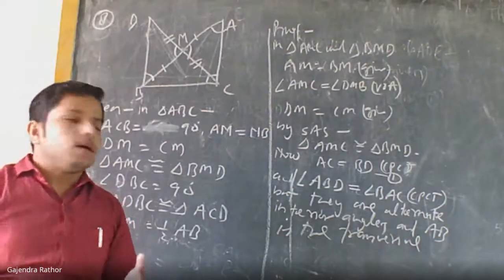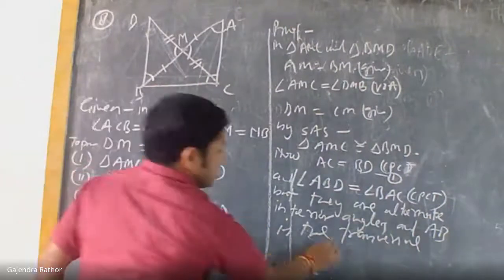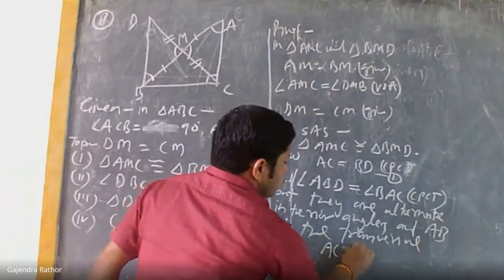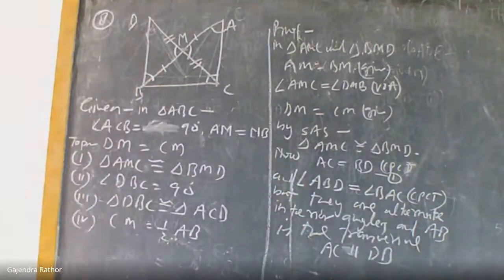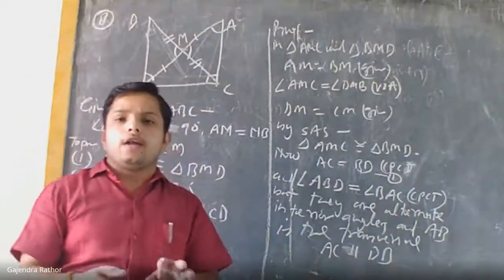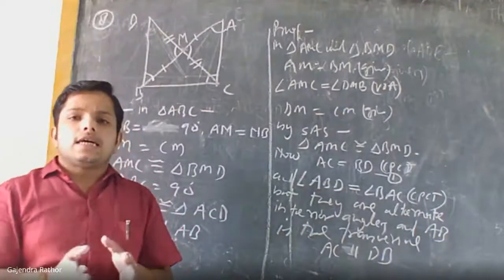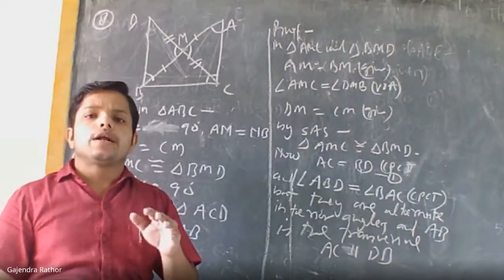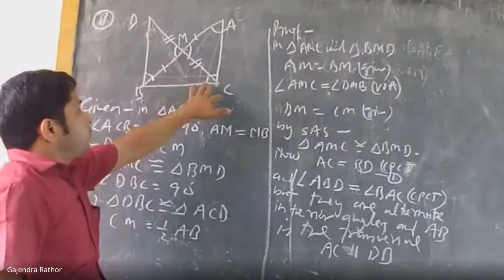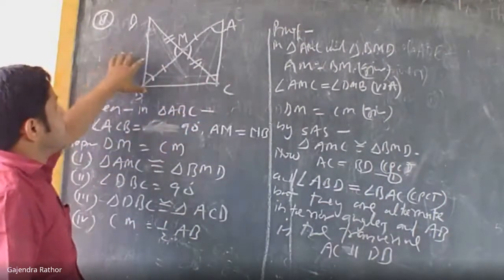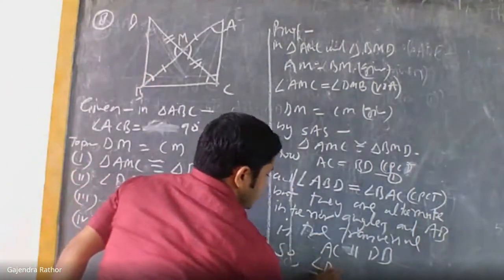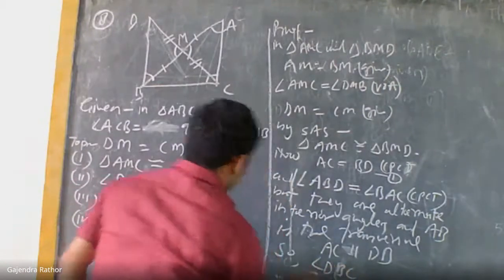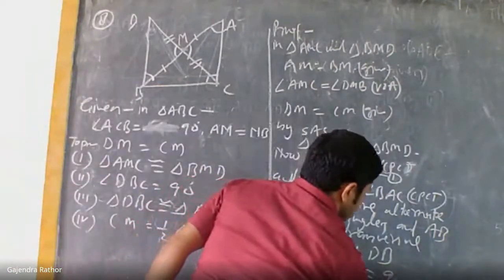If angles are equal, the lines will be parallel. So, AC is parallel to DB. Yeah, correct answer, Manish. So AC is parallel to DB, and we know that the distance between two parallel lines remains the same. So if angle C is 90 degrees, the second angle B is also 90 degrees. So angle DBC is equal to 90 degrees.